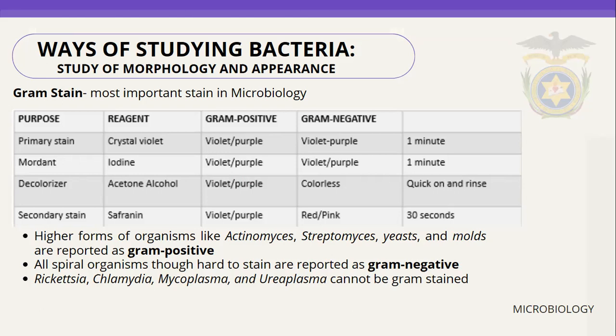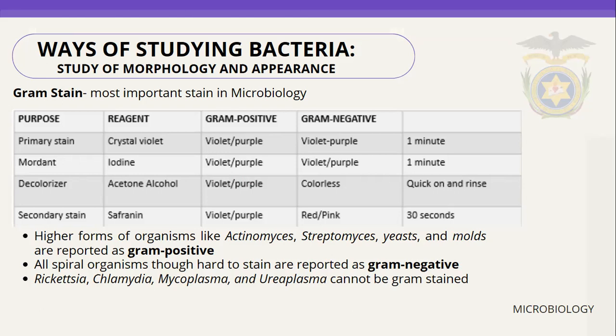I want you to also remember that higher forms of organisms like Actinomyces, Streptomyces, yeast, and molds are reported as gram-positive. All spiral organisms, though hard to stain, are reported as gram-negative, and Rickettsia, Chlamydia, Mycoplasma, and Ureaplasma cannot be gram stained.